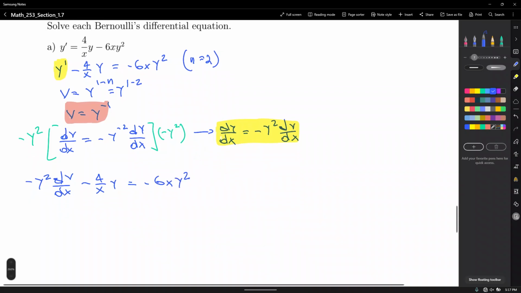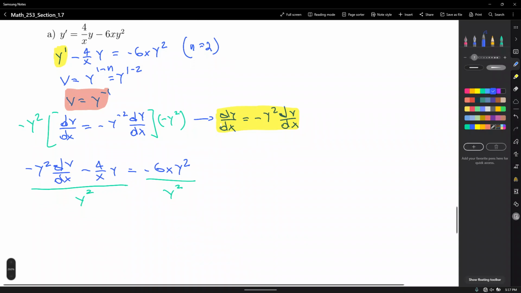So what are we going to do here? I'm going to divide both sides of the differential equation by y squared. That's a way to kill the y squared that makes the differential equation a nonlinear one, because we don't want a nonlinear term.